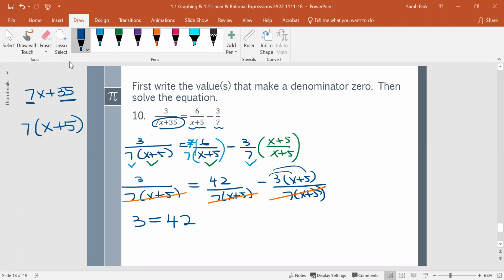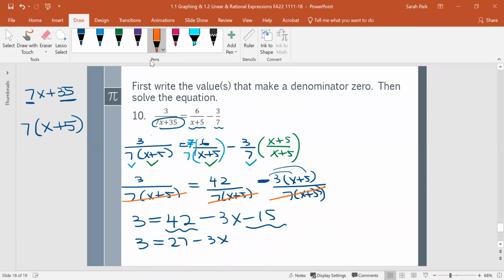Let's just distribute the negative. Remember, this is a negative. Distribute the negative 3 with x, and the negative 3 with the 5 gives us negative 15. Add like terms before you move anything around. 3 equals 42 minus 15, which is 27, minus 3x. This time, I'm just going to subtract the 27 over.